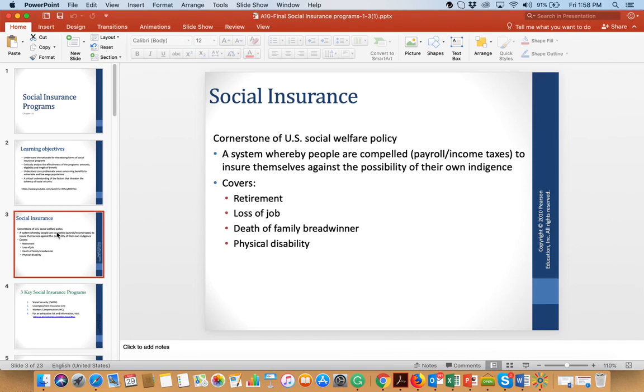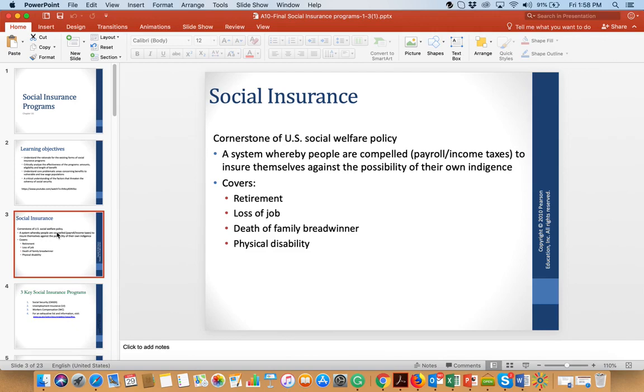Social insurance is the same way. It's the cornerstone of US social welfare policy. It's basically a system where you or anyone else is compelled, through your payroll taxes or income taxes, to insure yourself.